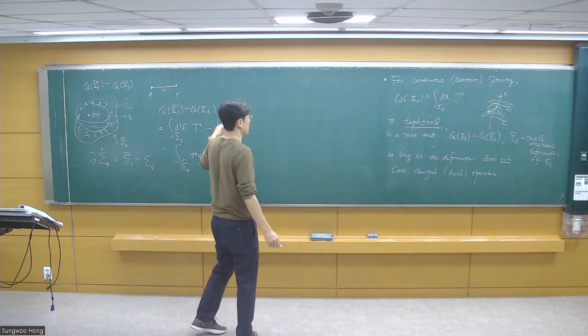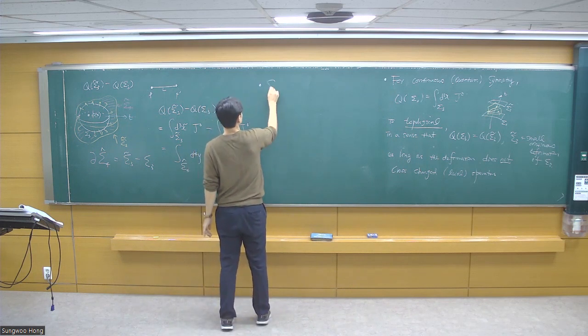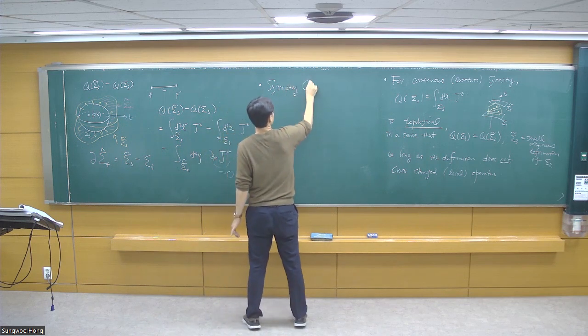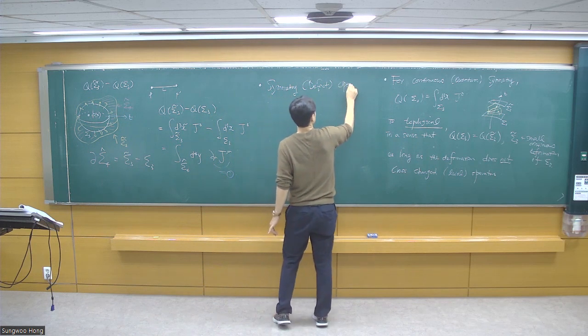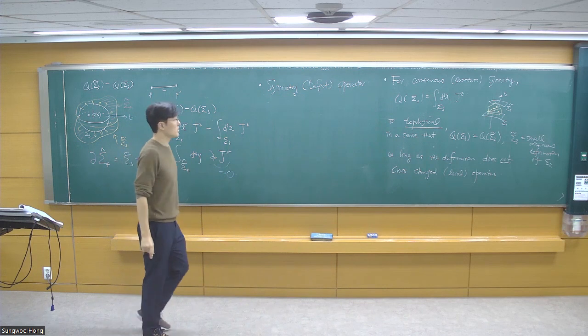So once I have a charge operator, then what I can do is construct what is known as the symmetry operator. Sometimes it is also called the defect operator. So this is the charge.